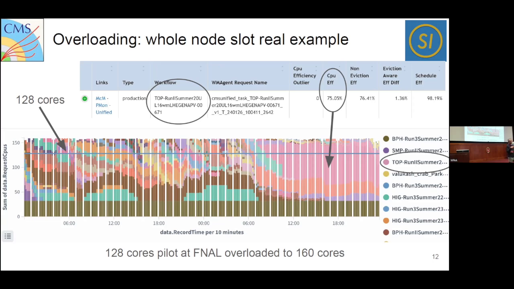We did some experiments by tagging the 2 extra cores as special slots and with nice, but in the end we don't think it's worth it. Especially with Greg's presentation yesterday, at some point we will have cgroups v2, and we'll be able to put the pilot itself in a cgroup, and the operating system will take care of that. That's our plan. Right now we have not done that.